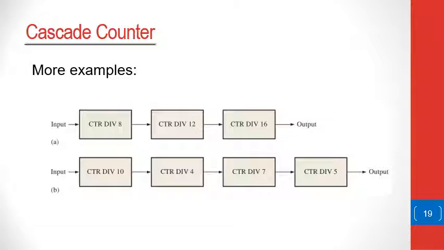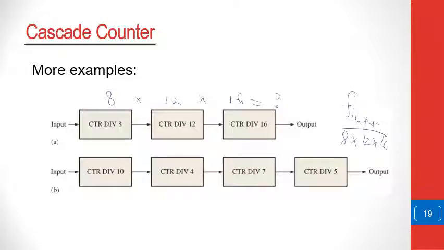In this case, if you have a mod 8 counter, a mod 12 counter, a mod 16 counter, we can see that this creates a mod 8 times 12 times 16 counter. So we can multiply that. This will be the modulus of this new counter. And the frequency of the output will be the primary frequency of the input, because the counter is like a frequency divider, divided by 8 times 12 times 16.